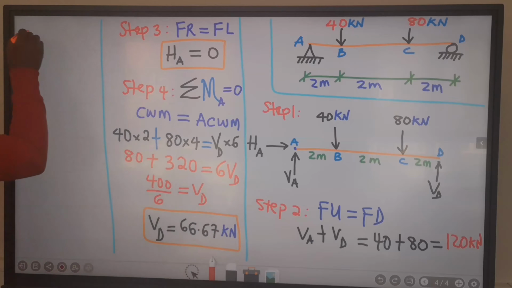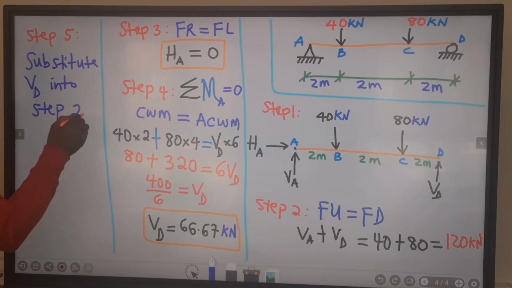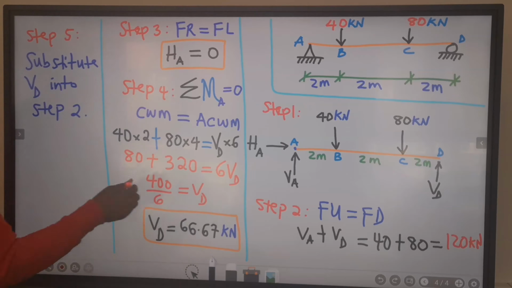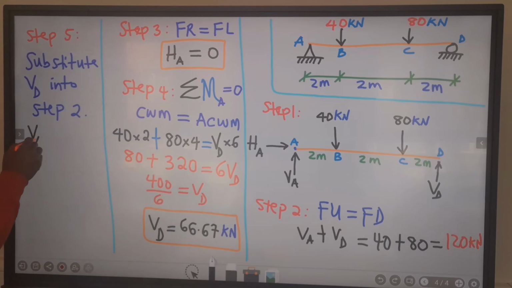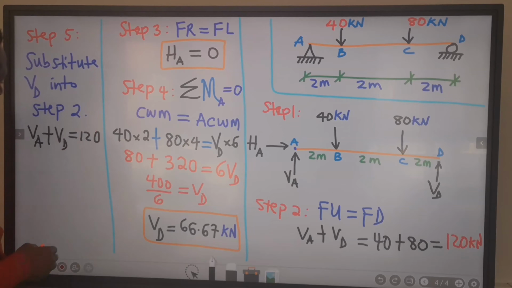Next, step 5. We are going to substitute this value, which is V subscript D, into step 2. In step 2, we have that V subscript A plus V subscript D is 120.